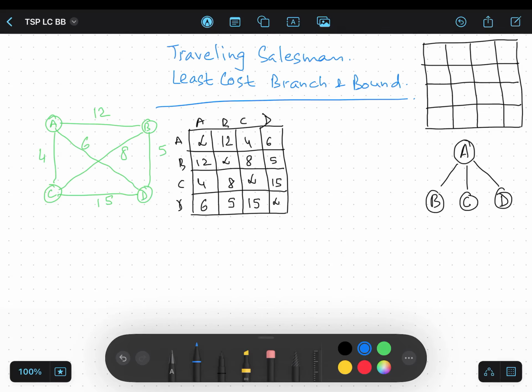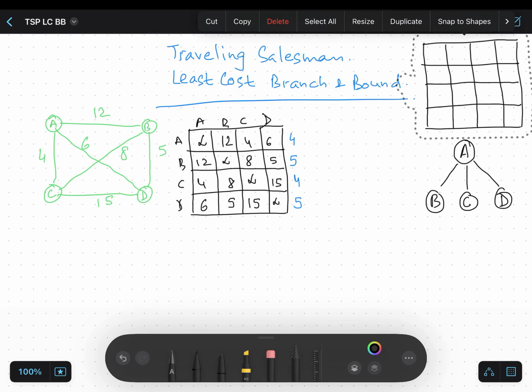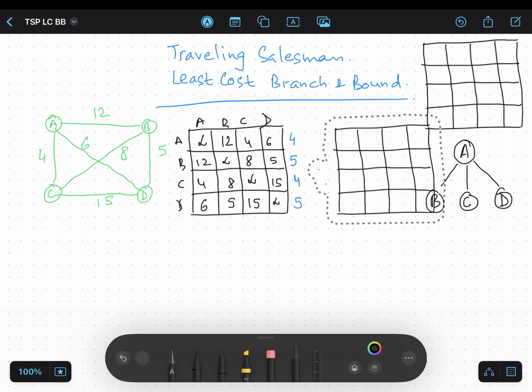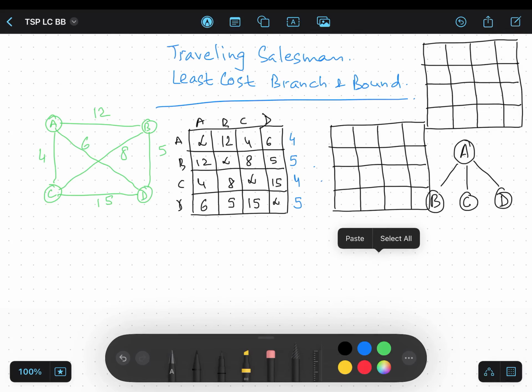So in this, the smallest is 4, 5, 4, and 5. And we are going to reduce the row with these values. So if we do that, what we are going to get is infinity. 12 minus 4 is 8, 0, 2.